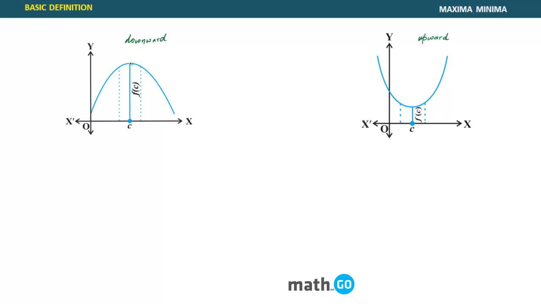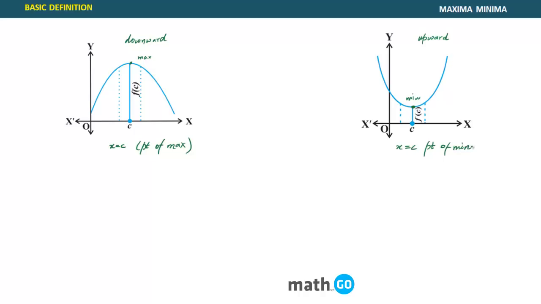At this point, f(c) is minimum and here it is maximum. So in a way I can say here x equal to c is the point of maxima, and here x equal to c will be the point of minima.